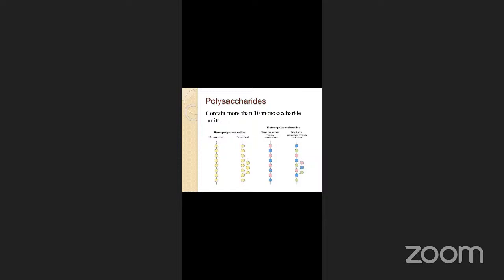Then heteropolysaccharides, which contain different monosaccharides, like one glucose, one galactose, one glucose, one galactose, or glucose, galactose, mannose. If different monomers are present, they are called heteropolysaccharides. They can also be branched or unbranched.